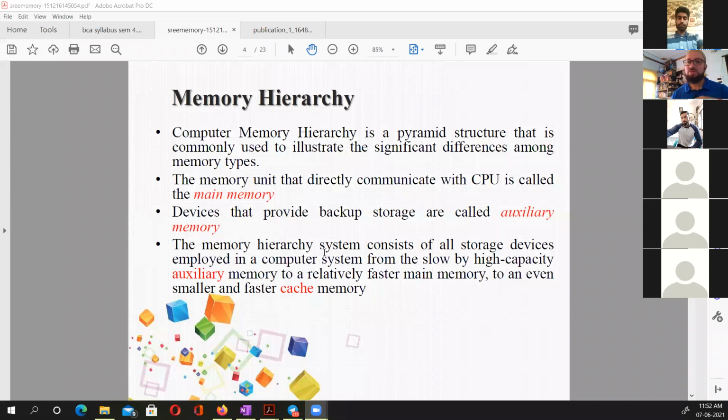The secondary or auxiliary memories, like hard drives, are very slow but have very high capacity. The RAMs and all are faster but low capacity. And because of locality of reference, I will not have any issues.